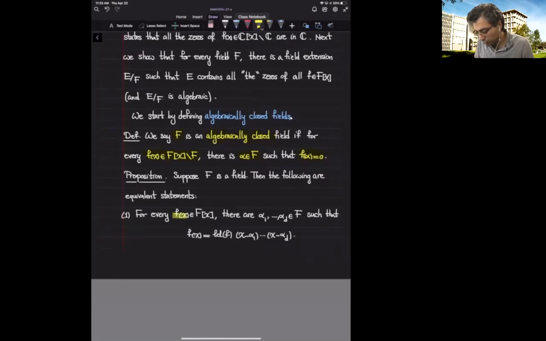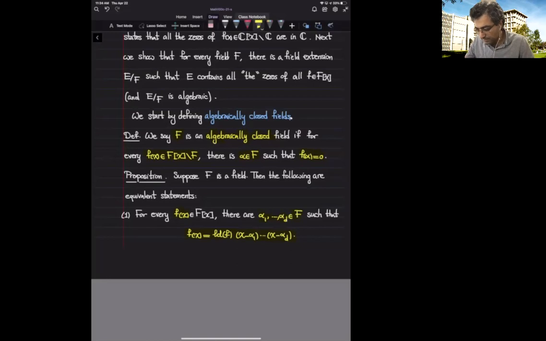It seems more general than saying that it has only one single zero, but one can use induction on the degree of the polynomial and factor out linear factors one at a time, and get a complete decomposition into linear factors. So every non-constant polynomial can be decomposed into linear factors in F[x].